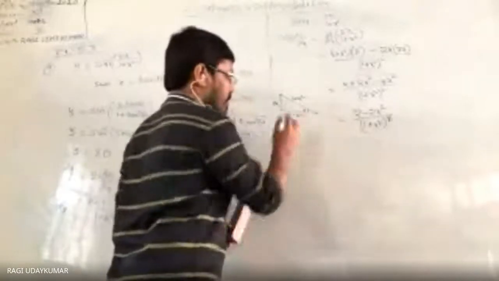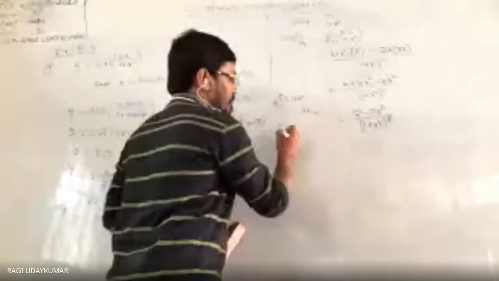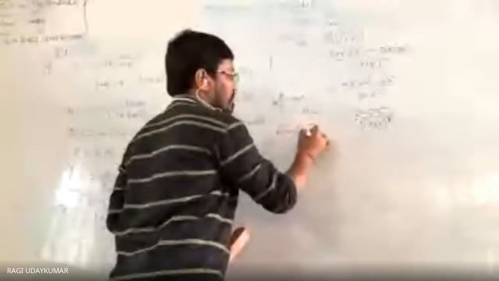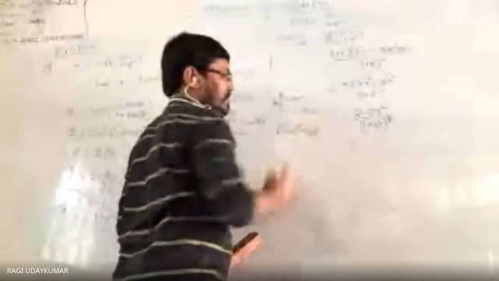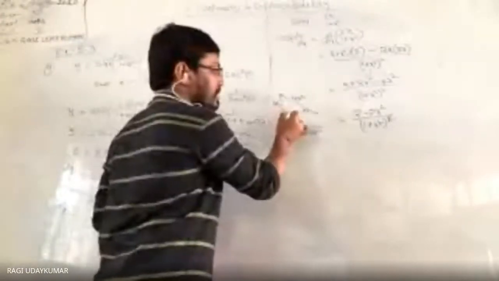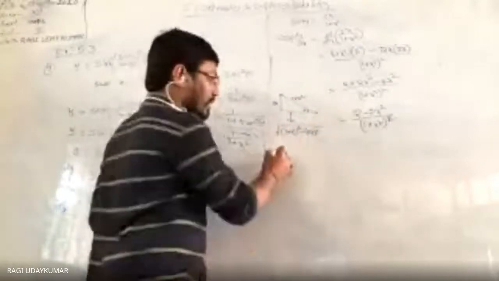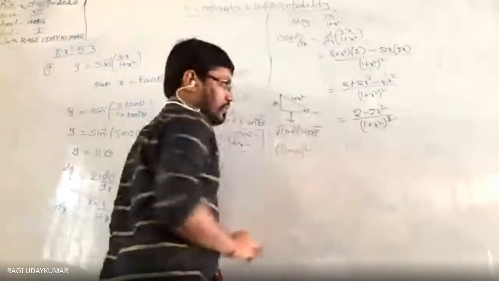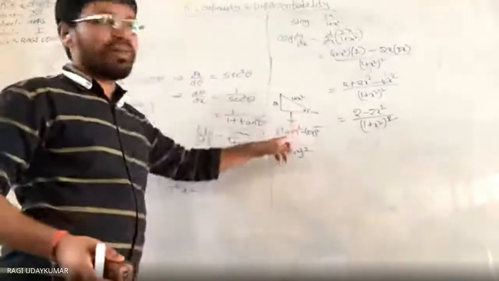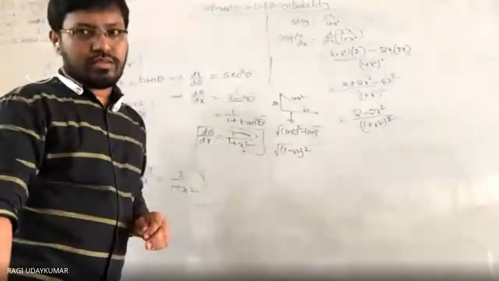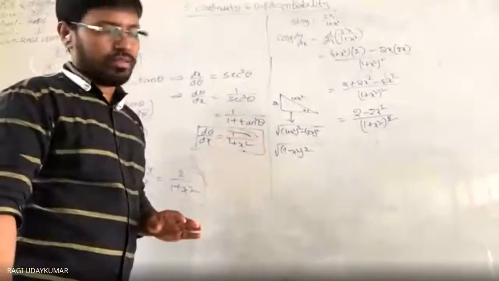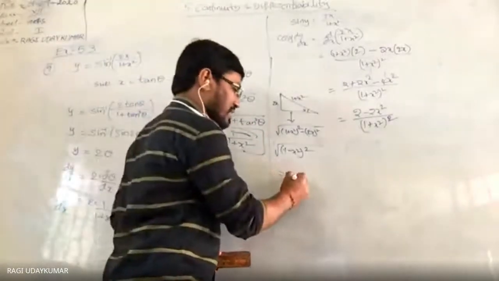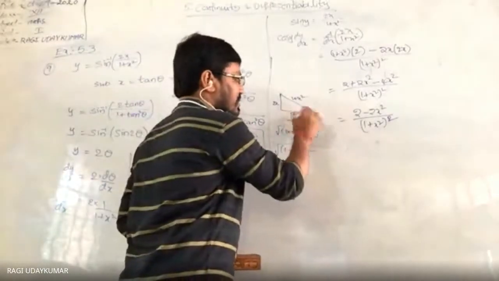How do you get 1 minus x square? See here: under root of 1 plus x square whole square minus 2x whole square. So what do you get here? Under root of 1 minus x square whole square. It is like a plus b whole square minus 4ab is a minus b whole square. So here you will get 1 minus x square.